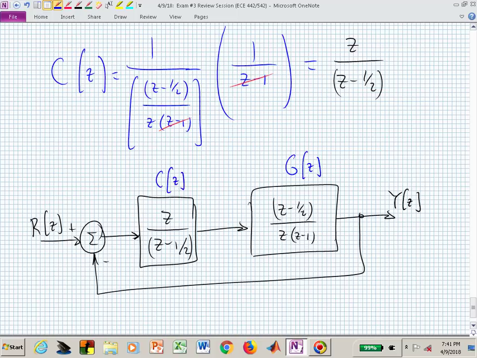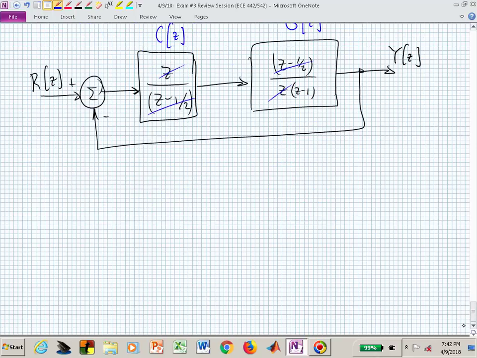And do you see what's going to happen now in this forward loop? This z minus 1/2 cancels that z minus 1/2. This z cancels z. And now what do you have really happening in this block diagram? Now it's simplified quite a lot. You now have 1 over z minus 1.